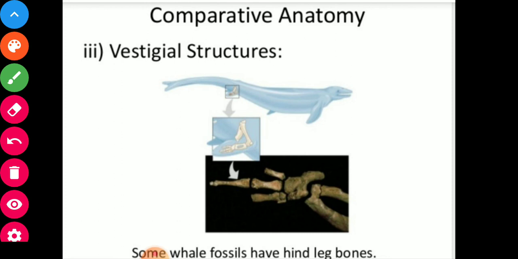So vestigial structures: here you can see some whale fossils have hind legs, hind leg bones. They are not in function. This is also a vestigial structure in whales.